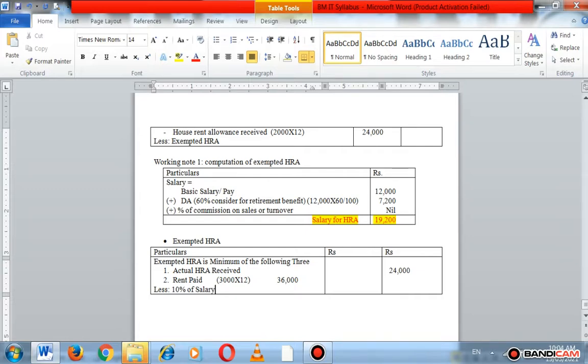So 10% of salary: 19,200 into 10 divided by 100, we get an amount equal to 1,920.